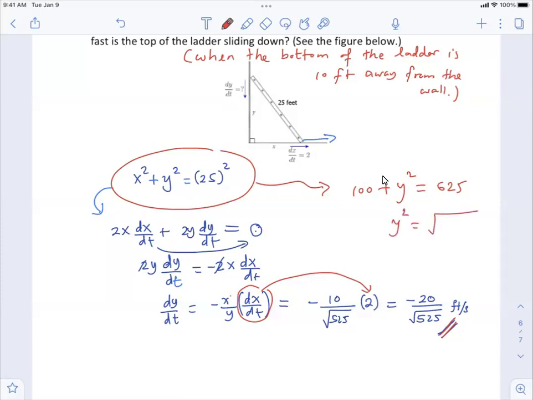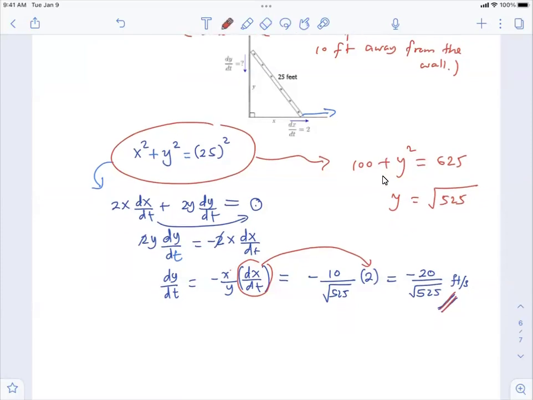In this case, it's 525, and then y itself is the square root of 525. Of course, there are two values, plus or minus, when you take the square root. But we will just consider the plus because it's a length. And that is the value that we include right here.